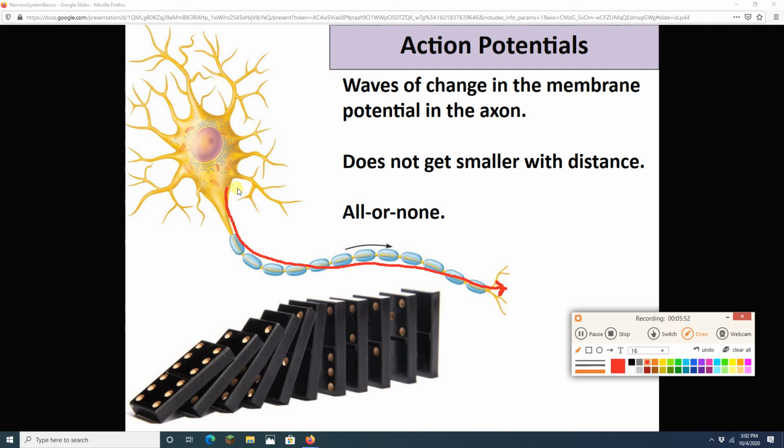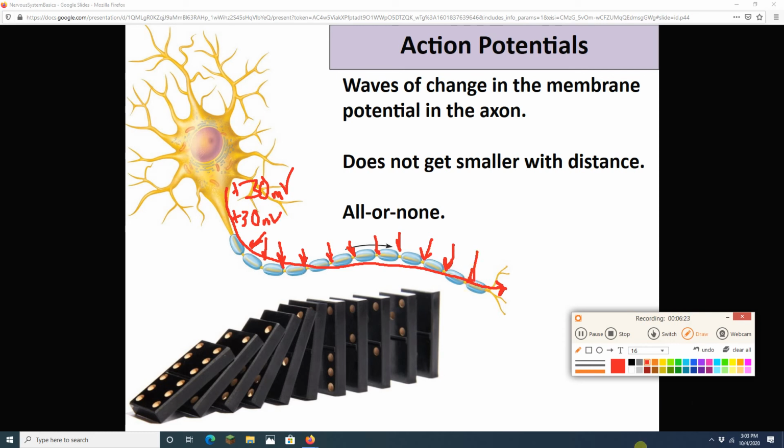Let's say the axon hillock depolarized all the way to positive 30, so from negative 70 all the way to positive 30. That would make the next spot depolarize to positive 30, and the next spot, and the next, and the next. And they would all do the same thing. They would not diminish with distance. They would not stop halfway down. The wave of change would go the entire way.